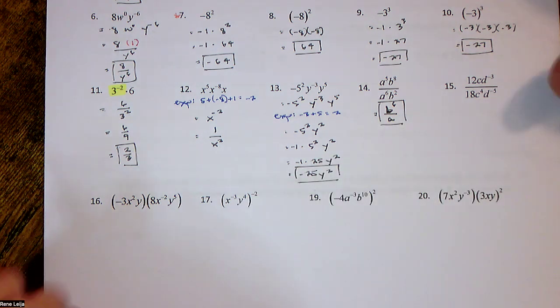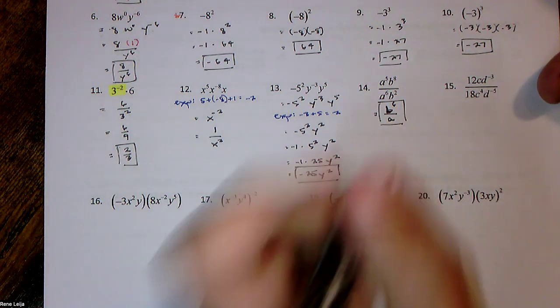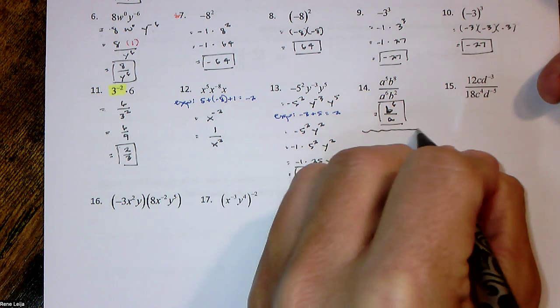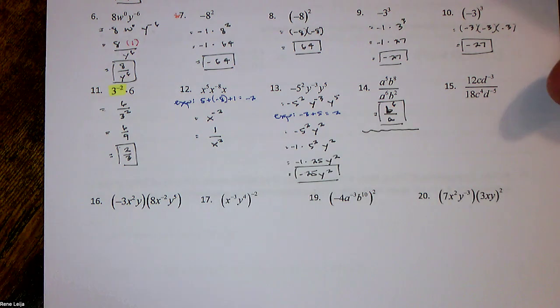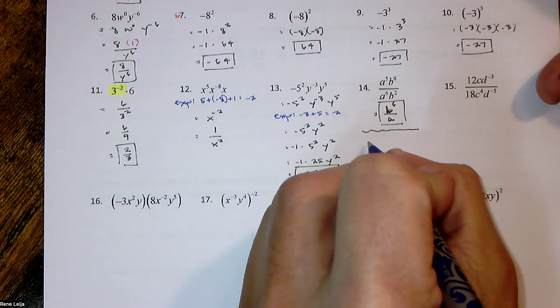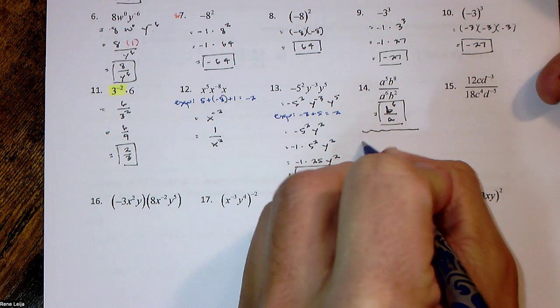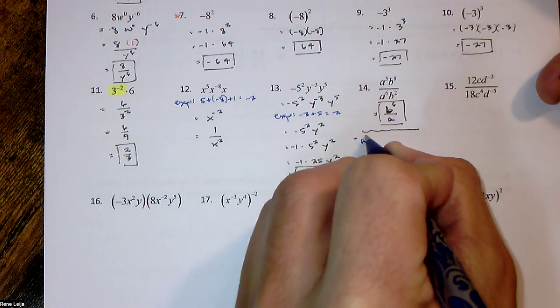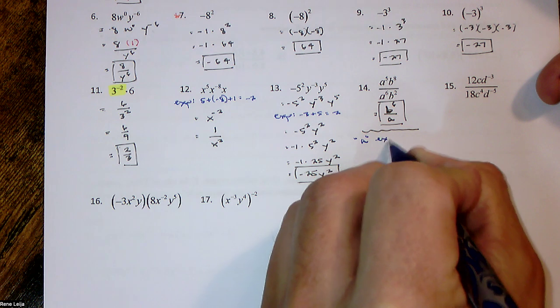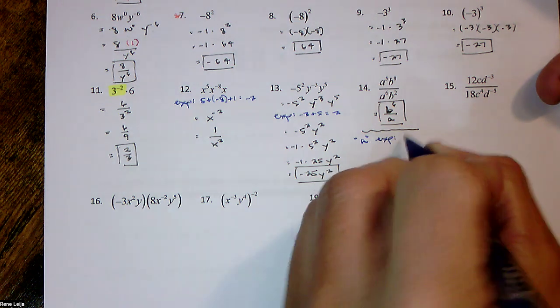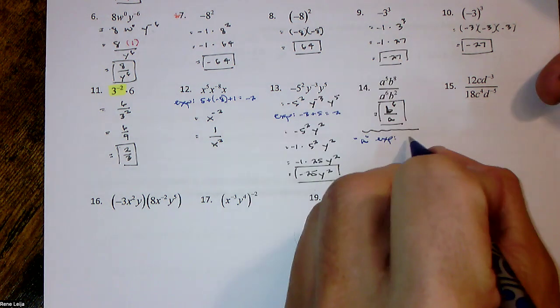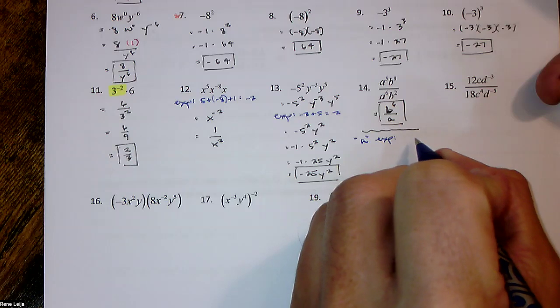Okay, now, if we did this how I had previously shown you, we're going to have the A exponent, so that means we're going to have a 5.